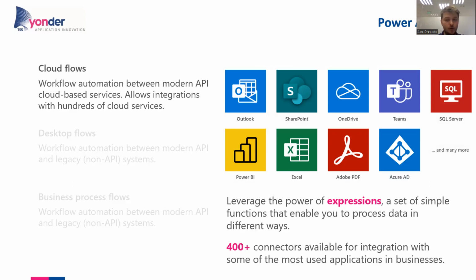So let's say you want to automate a process that has to do with Outlook and SharePoint. Maybe every time you receive an email from accounting, you want the invoices downloaded from that email and stored in a SharePoint folder. You could achieve that by using cloud flows and connecting to the cloud services of both Outlook and SharePoint.